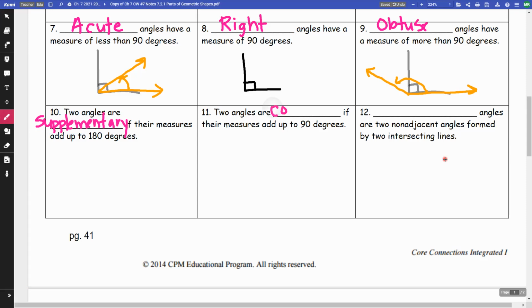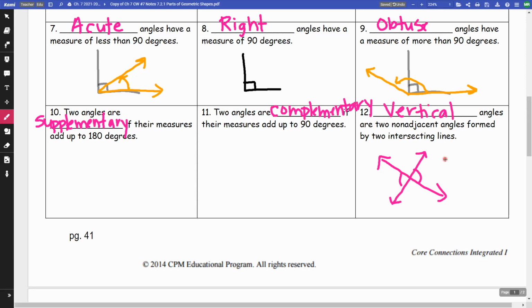That's going to be complementary. And blank angles are two non-adjacent angles formed by two intersecting lines. So if we have two intersecting lines, this, for example, and this, those are called vertical angles.